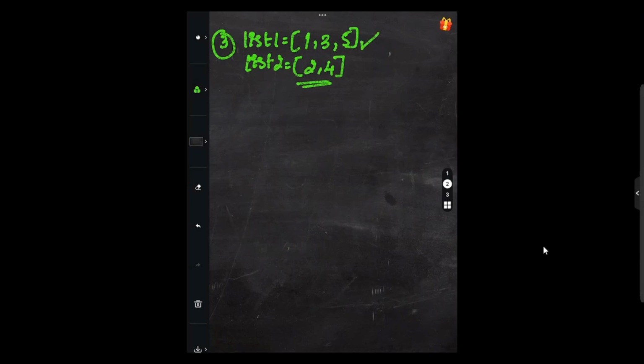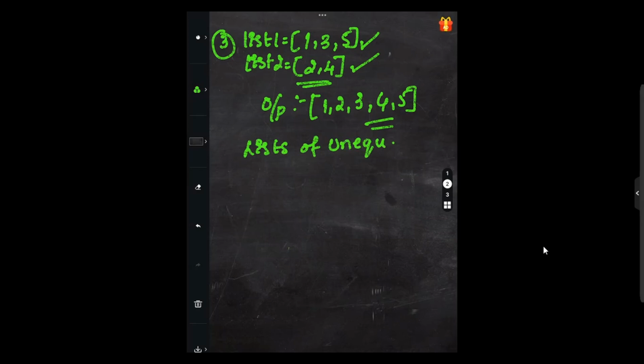The output has to be in sorted form, so 1, 2, 3, 4, 5 should be the output here. This is the condition for lists of unequal lengths. Sorry, did I say heights? It has to be lengths.